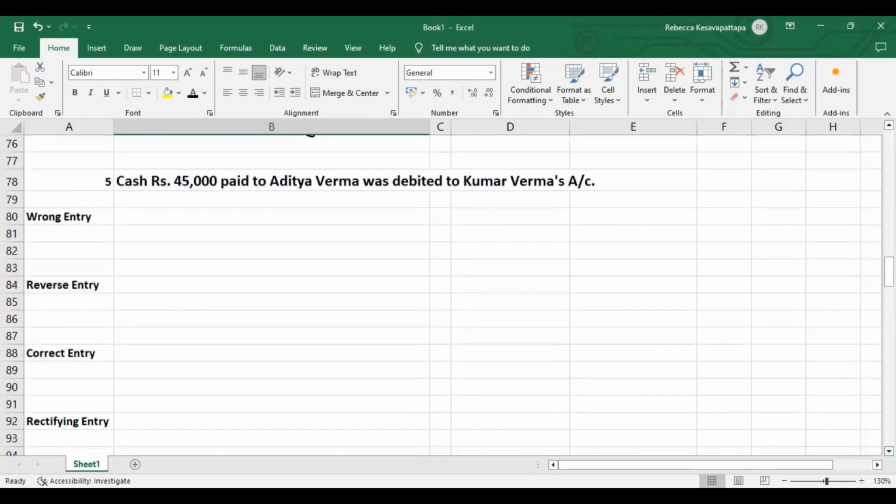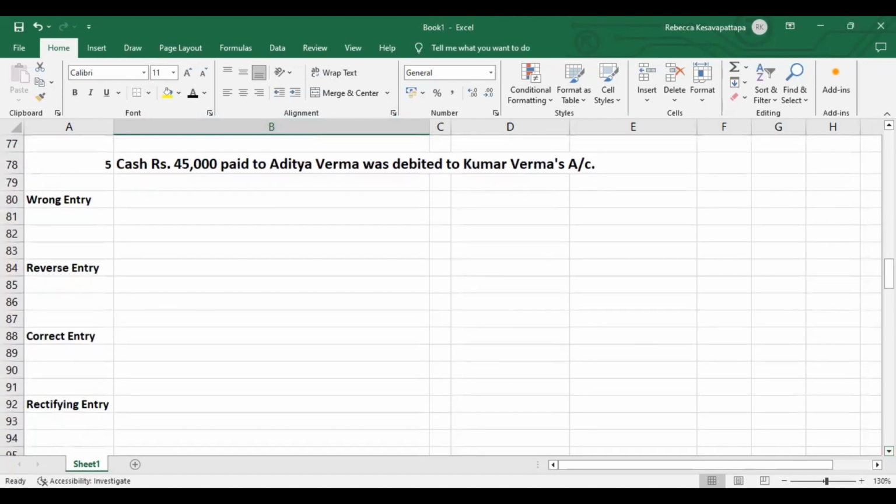Cash rupees 45,000 paid to Aditya Verma was debited to Kumar Verma's account. Cash was being paid, cash is going out, so cash will be credited. Debit what comes in, credit what goes out. But instead of debiting Aditya Verma, Kumar Verma was debited.